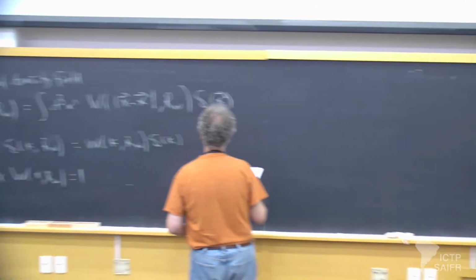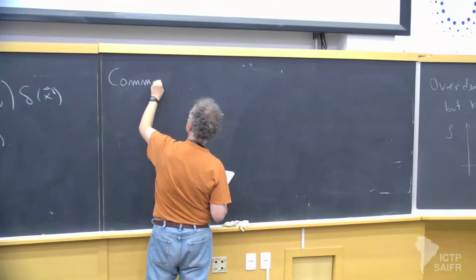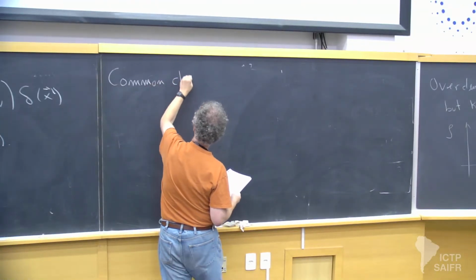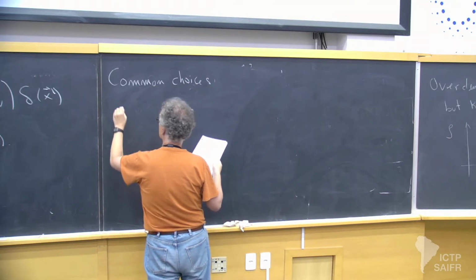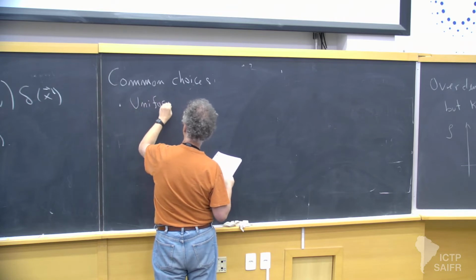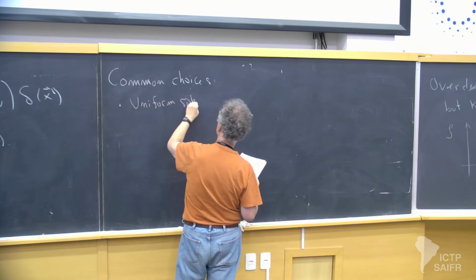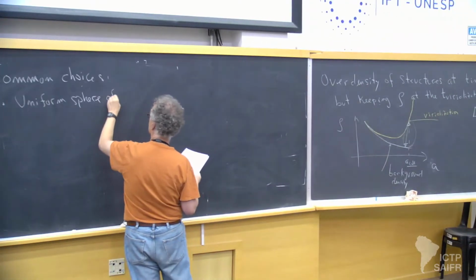So common choices are what is called the uniform sphere of radius r, w.